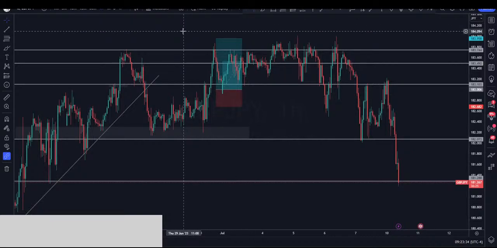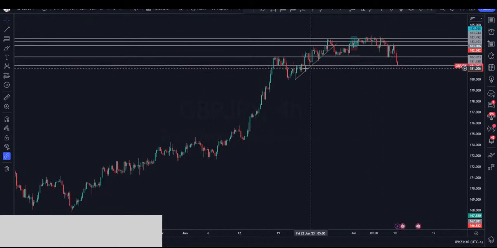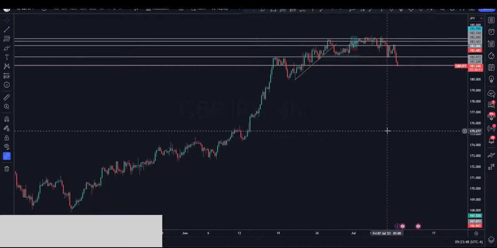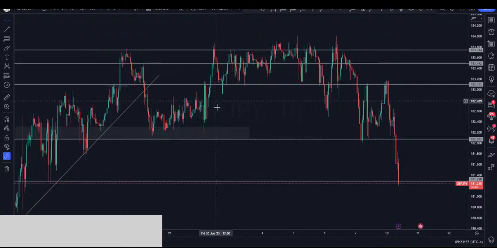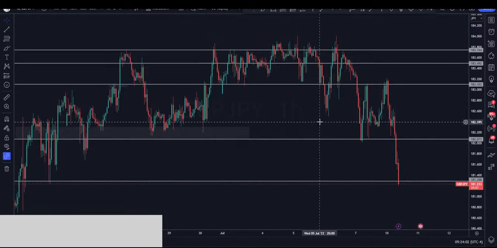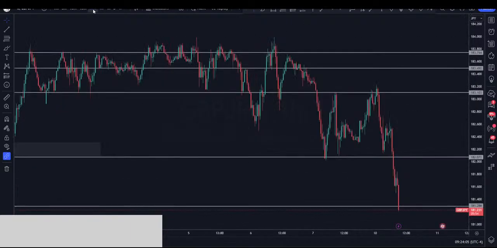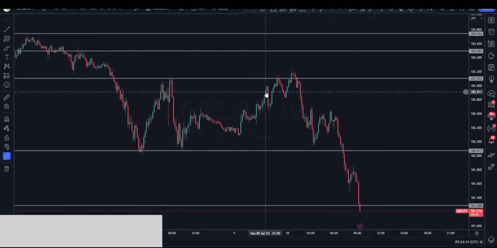So we have GJ testing kind of a significant level right now. This was a very big move during the London session here.